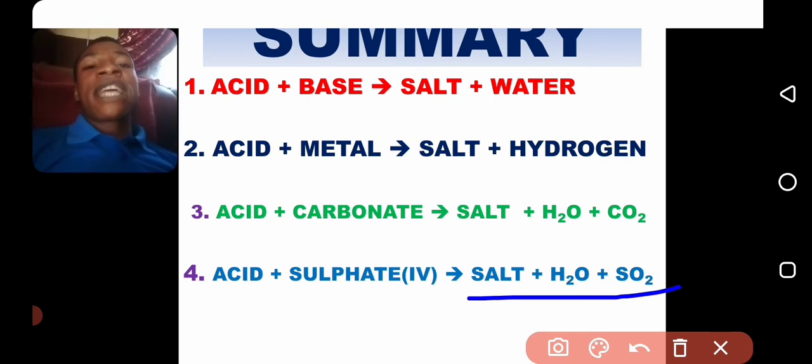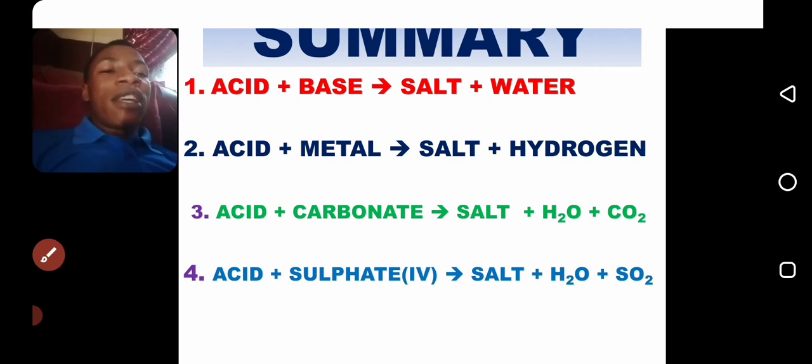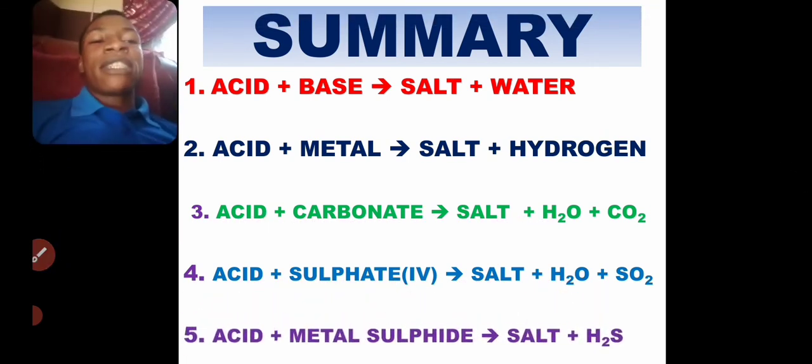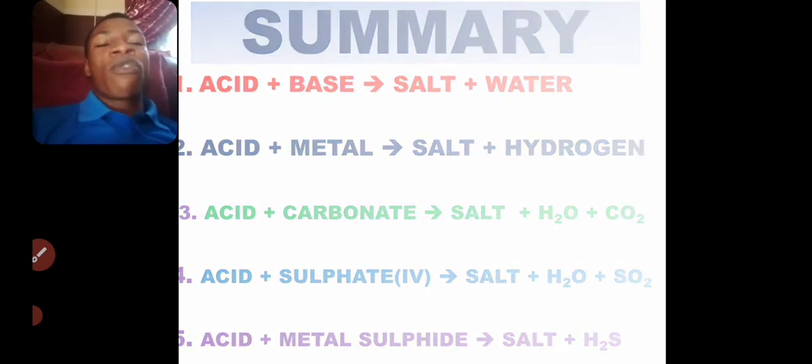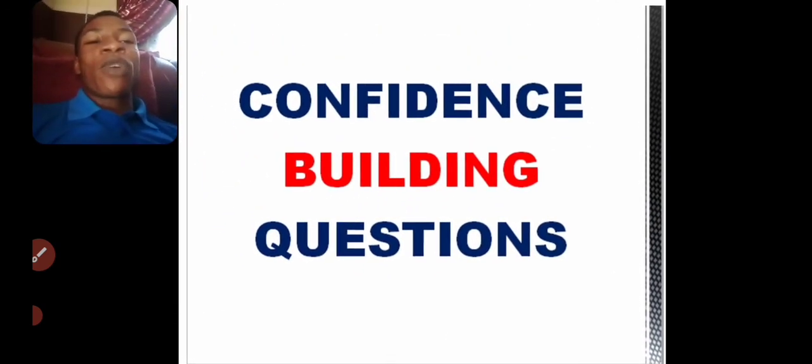SO2 is a colorless gas with irritating smell that decolorizes purple KMnO4 solution. Then finally we said that acid reacts with metal sulphide to give us salt and hydrogen sulphide. So let's look at some confidence building questions.